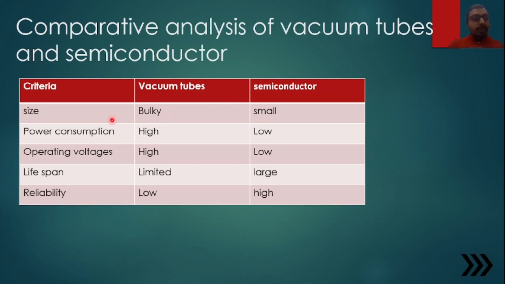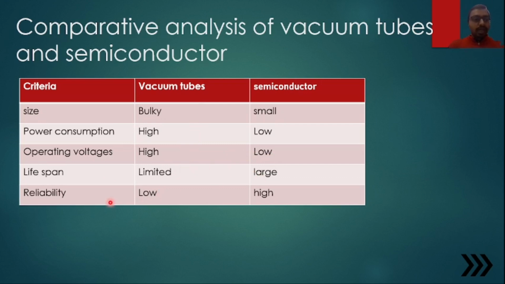If we talk about another criterion, that is power consumption, vacuum tubes take very high power, and semiconductors take low power. If we talk about operating voltages, vacuum tubes operate on very high voltage and semiconductors operate on low voltage. If we talk about lifespan, vacuum tubes have a very limited lifespan and semiconductors have a large lifespan.